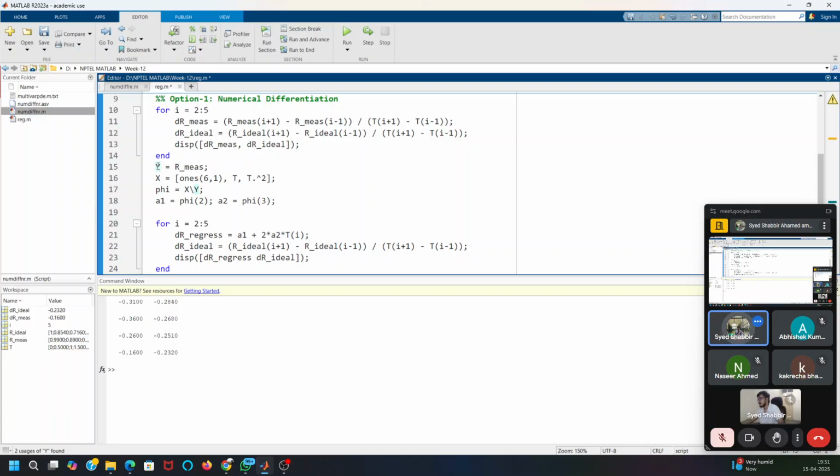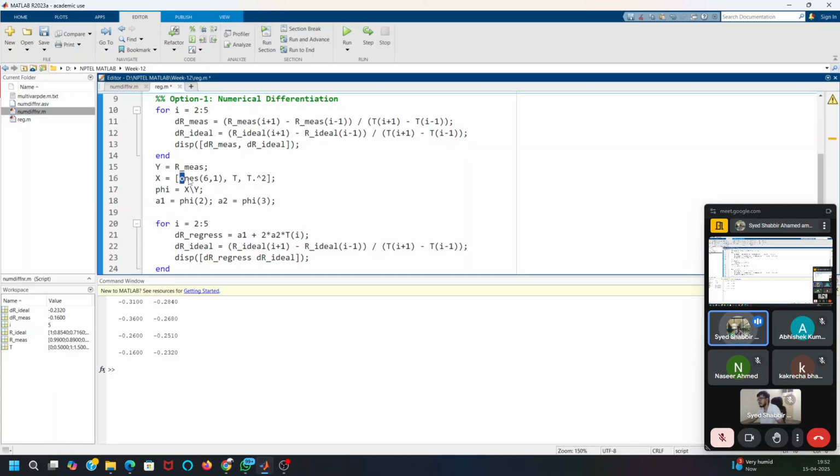We'll take y, the y vector, as these measured or experimental values, and x is something we have already seen in regression.